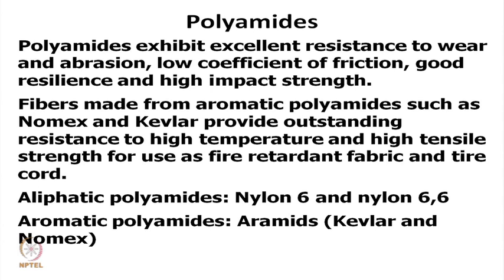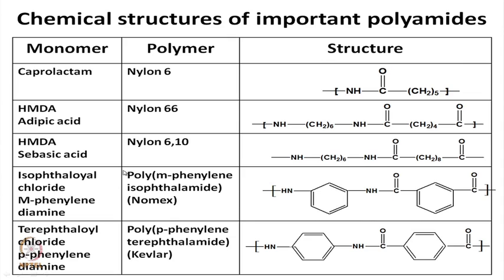Now, out of these aliphatic polyamides, we know about nylon 6 and nylon 6,6, and aromatic polyamides I have already mentioned, these are known as aramids, and these aramids can be either Kevlar or Nomex. Now, let us look into the chemical formulas and structures of some important polyamides. So, nylon 6 is a fiber grade polymer which is made from caprolactam.